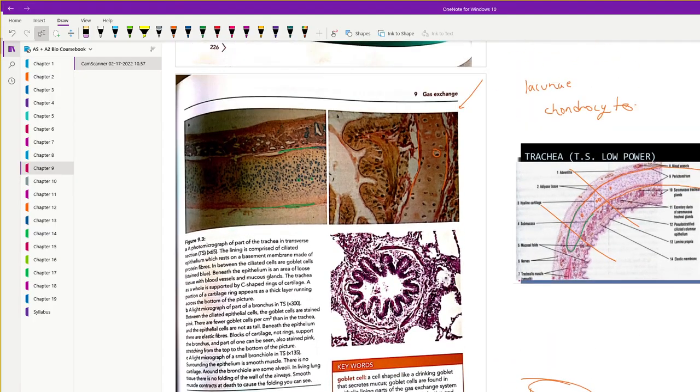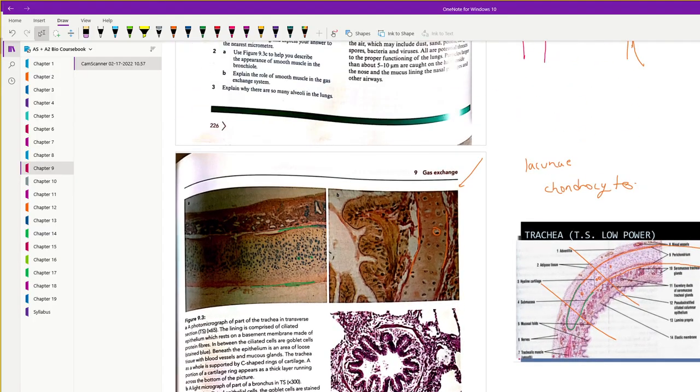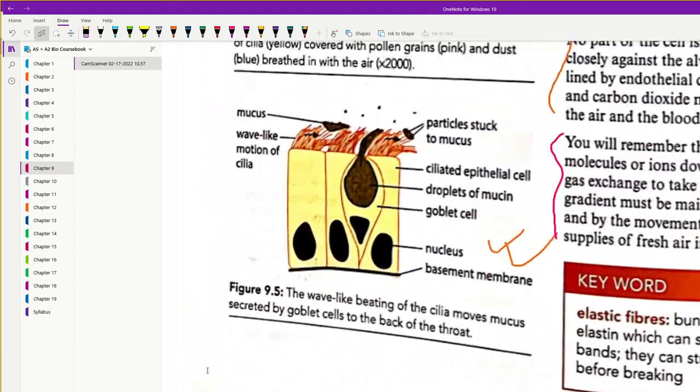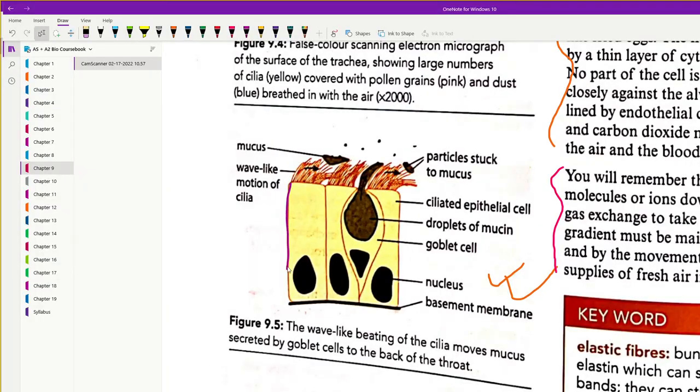Yeah, it's basically a goblet shape. We can see this in our photomicrograph. The goblet cell won't have cilia, and basically it will have droplets of mucin. There will be a lot of staining.